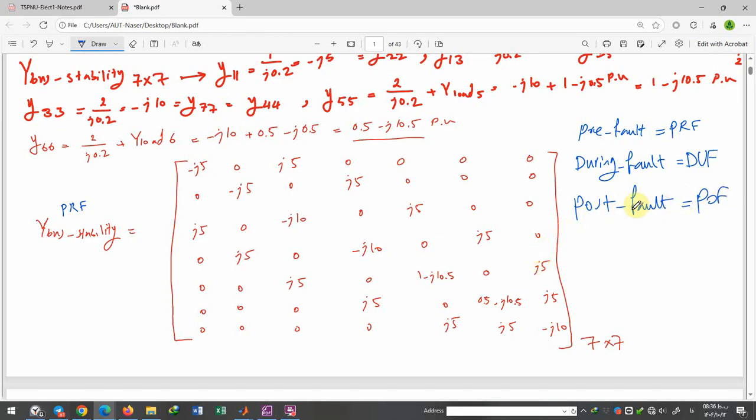We have many ways of starting post-fault. Maybe the fault is cleared by itself. For example, a branch of a tree falls onto the power system and makes a three-phase fault, and after that the branch falls to the ground, and the fault is cleared automatically without any action.